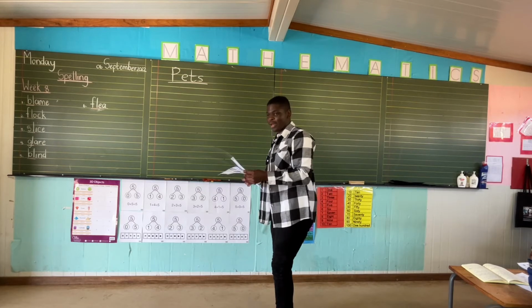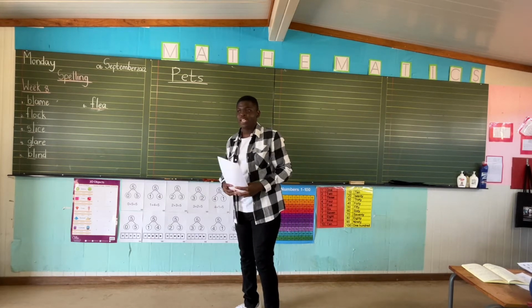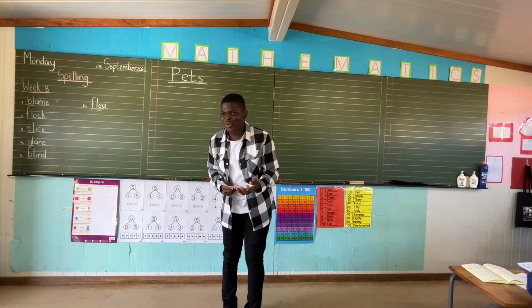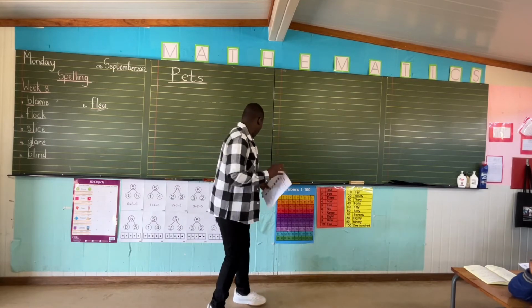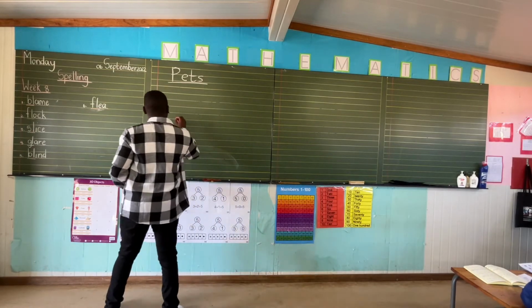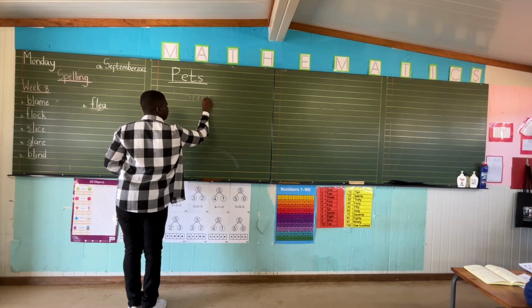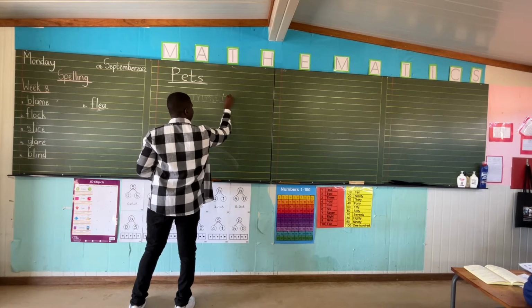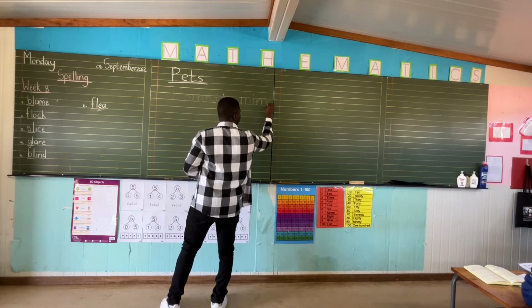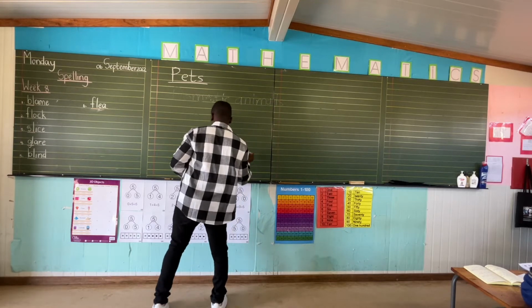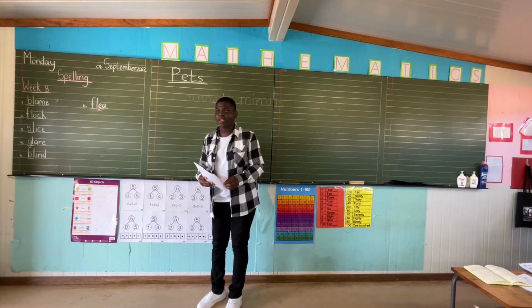So we have our pets here. This is going to explain to you what pets are. Pets are domestic animals. Do you know domestic animals? Let me explain to you. Domestic animals are animals that we keep at home.